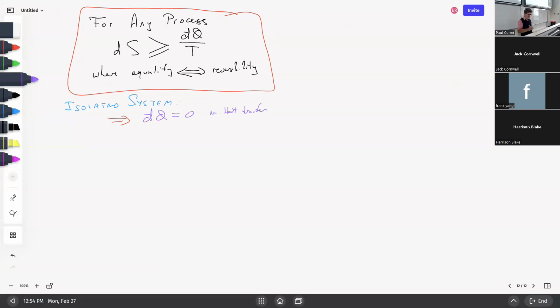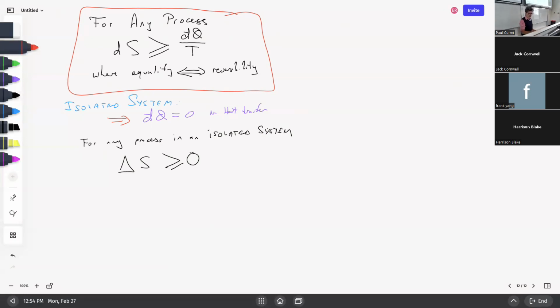Okay? And I can then say, for any process in an isolated system, delta S must be bigger than or equal to 0.